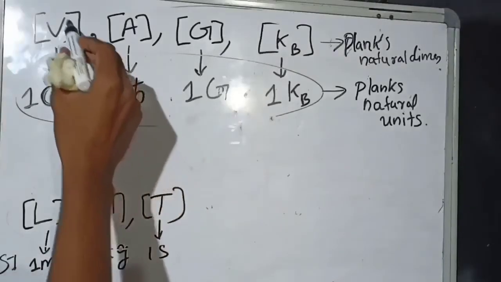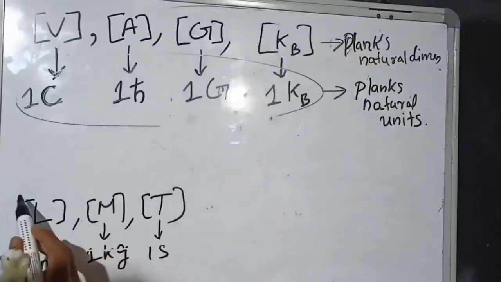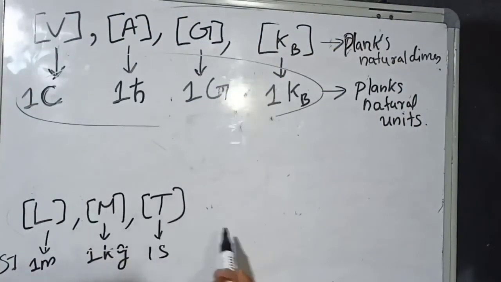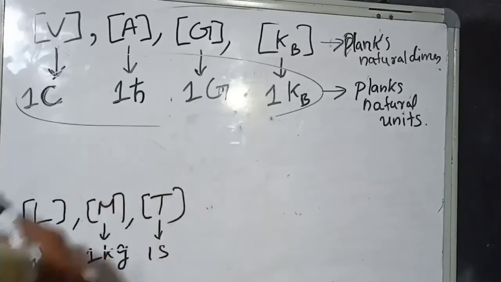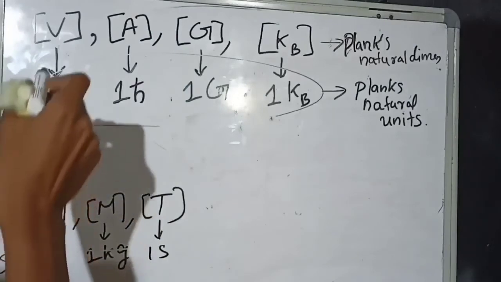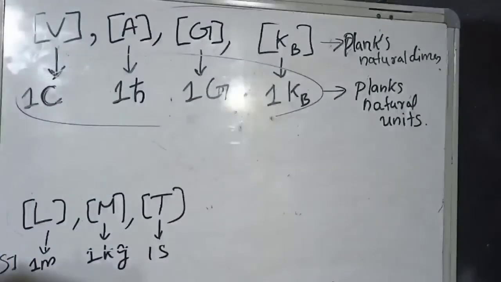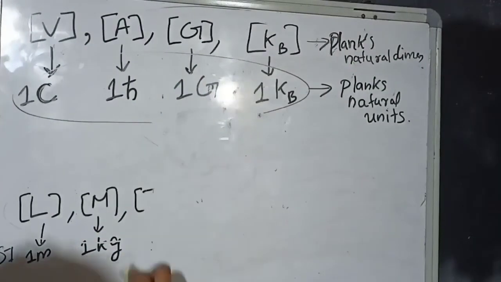Now we have these as our fundamental Planck's dimensions, and length, mass, time, etc. as our derived dimensions. So how can we express these derived dimensions in terms of our fundamental natural Planck's dimensions? So let me do that.